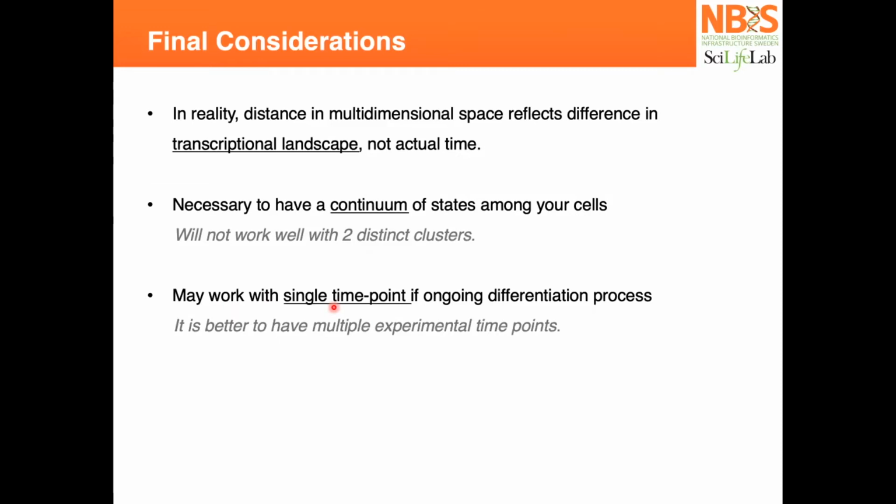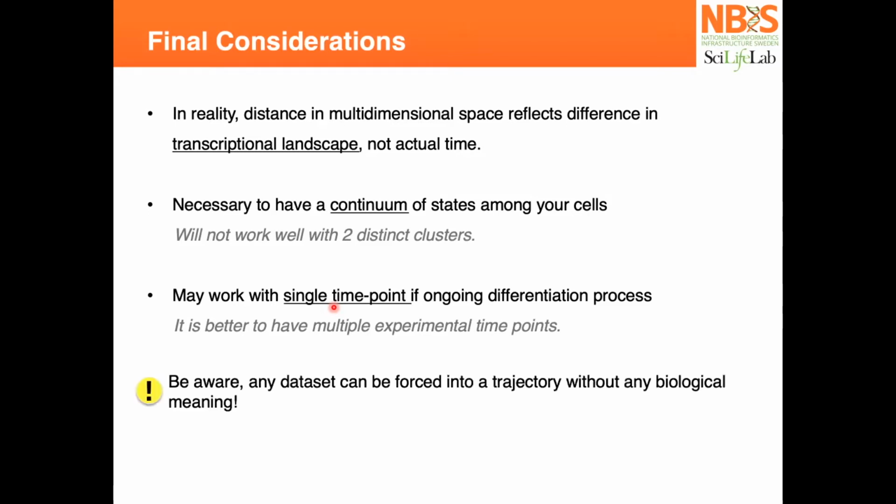But then you also need to know that the intermediate cell states are there. And then you need to identify them first and see, okay, so then my data set is okay to do trajectories. And again, be aware that any data set can be forced into trajectories without any biological meaning. Like also mentioned, in a tissue you have immune cells.